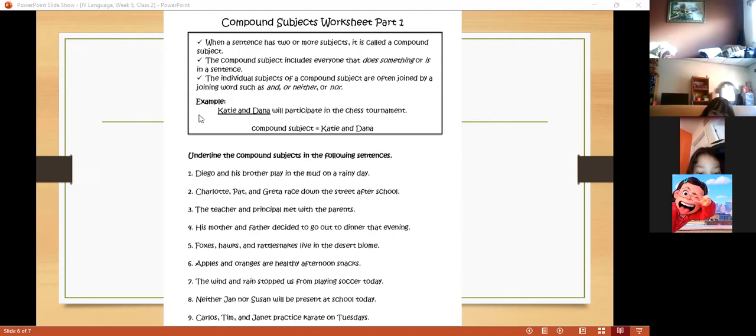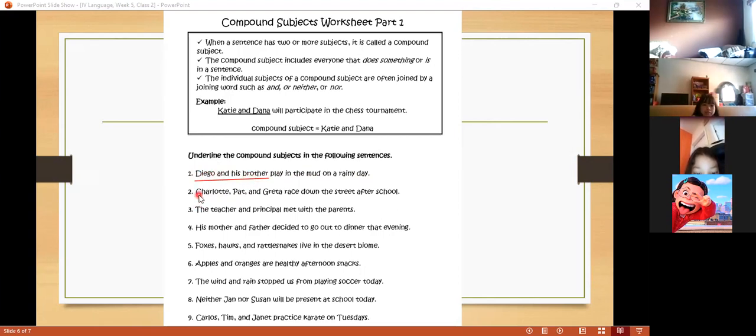Right now, just the compound subject. Here we have Dion and his brother. They are the compound subject. Yes, this is the predicate, but let's identify just the subjects. Dion and his brother is the compound subject. I have the word and here that joins Dion and his brother.